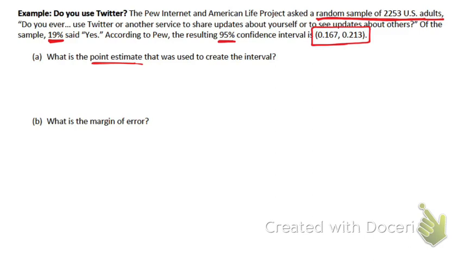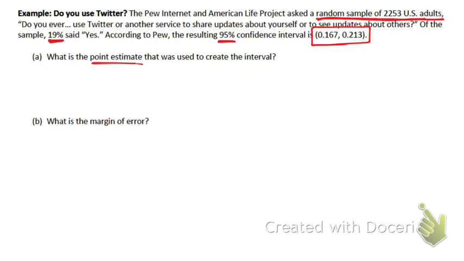So look, how does the interval get created? We talked about this yesterday. The interval is created by, you put the point estimate in the middle, and then you go out from there. If the point estimate is 19%, then that's what's in the middle. Also, furthermore, can someone please average these numbers for me? Add them up and divide by 2. Just, real quick on your calculator, add those two numbers up and divide by 2. What do you happen to get?